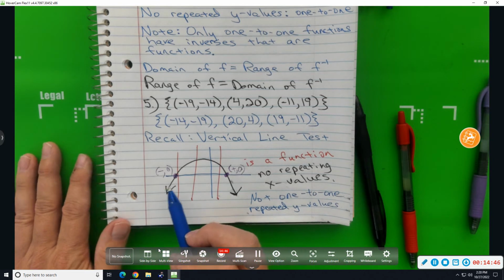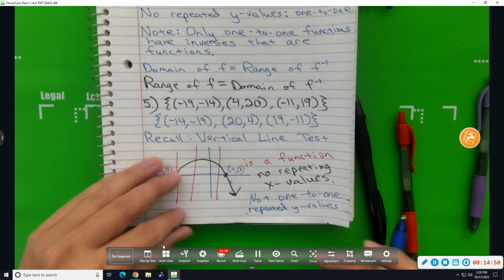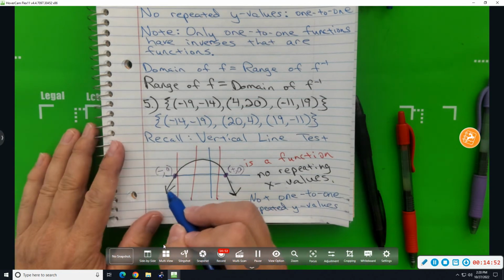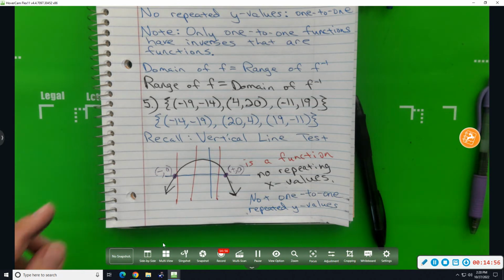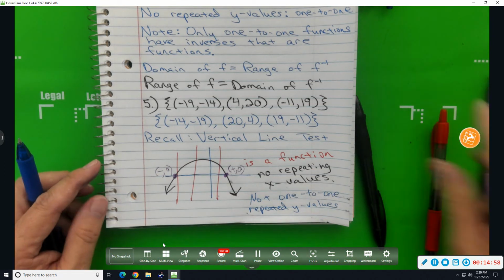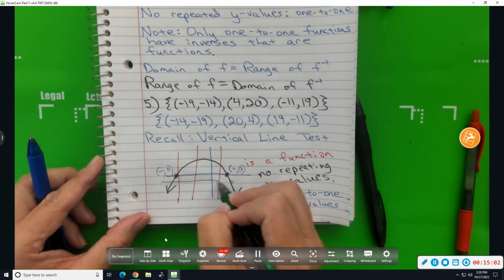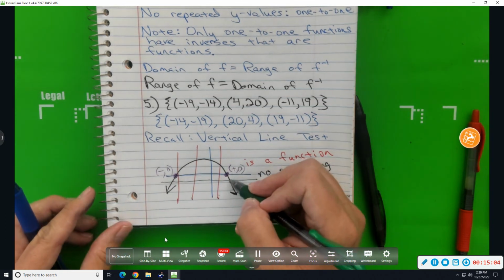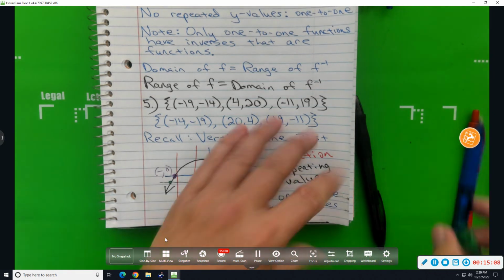It doesn't have to be the x-axis. If you can draw a horizontal line so that it hits the graph in 2 or more spots, it is not one-to-one. For example, if I drew that line right there, it hits it in two spots, so it's not 1-to-1.